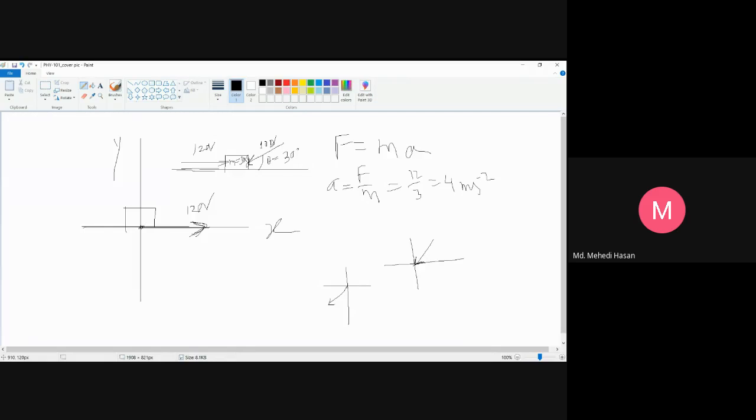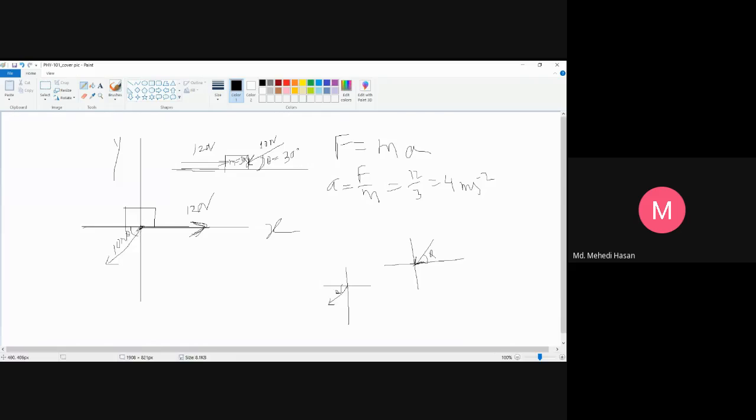So that's why the 10 Newton force is applied like that. If this angle is theta, then this angle is also theta. So that's why the 10 Newton force is drawn like that.